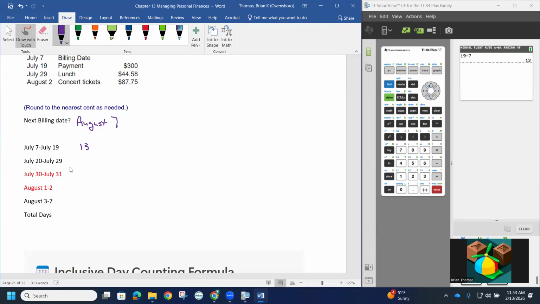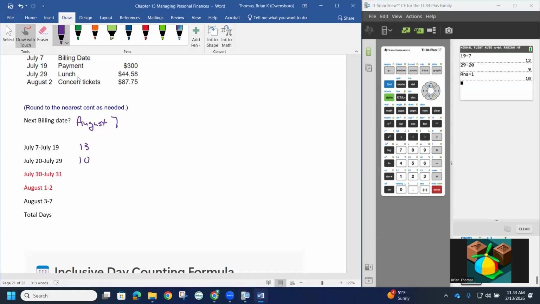So the end date was 29 minus 20. That's going to give us 9. If we add 1, that's going to give us 10 days. So 10 days go by from July 20th to July 29th.